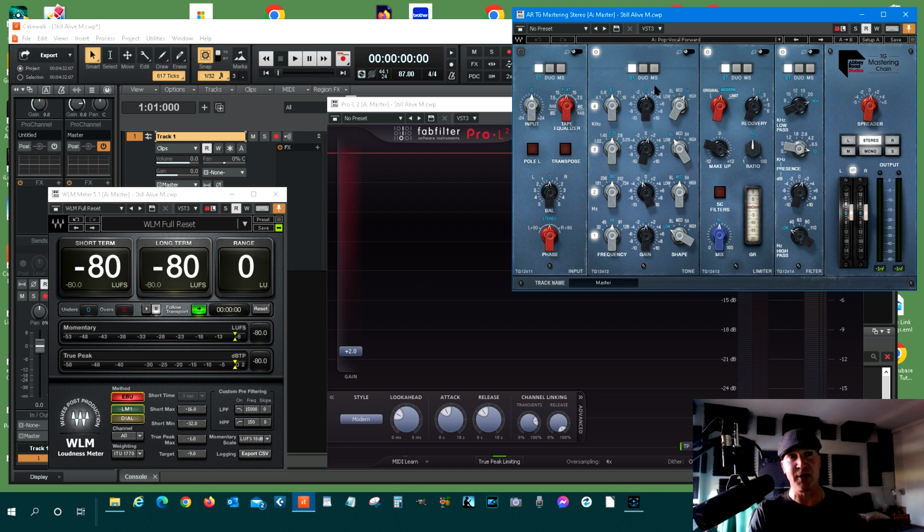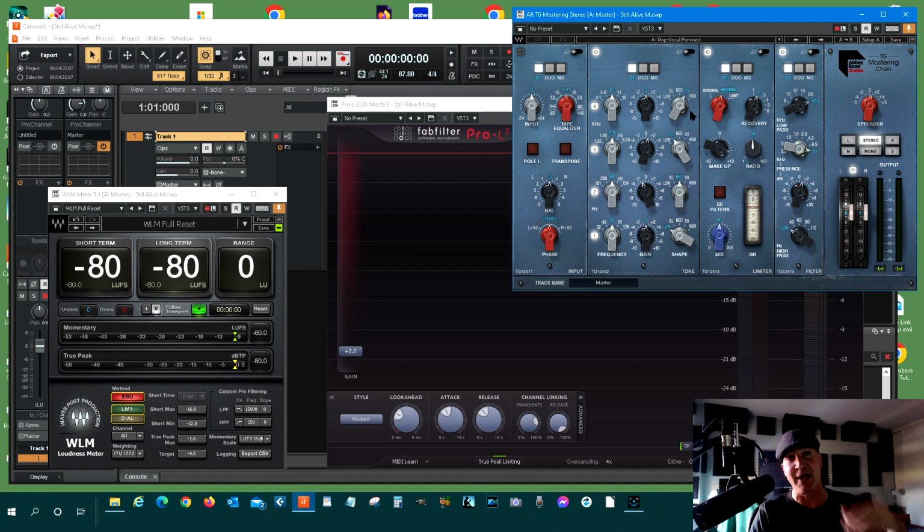This generally has four different components here, and I generally don't get into these too much. I set mine to modern, and I don't go into too much other than the EQ.